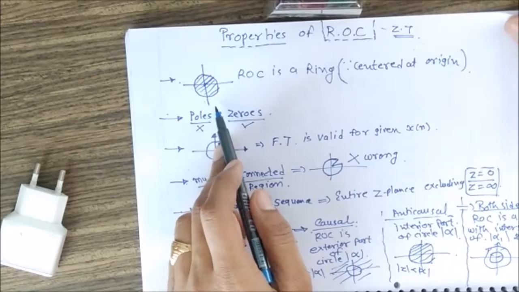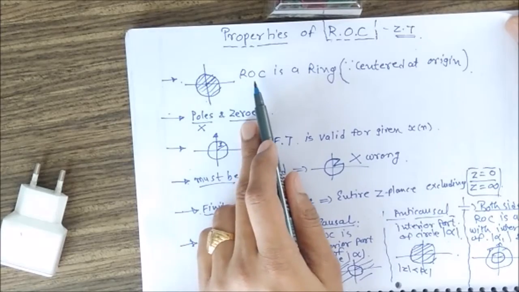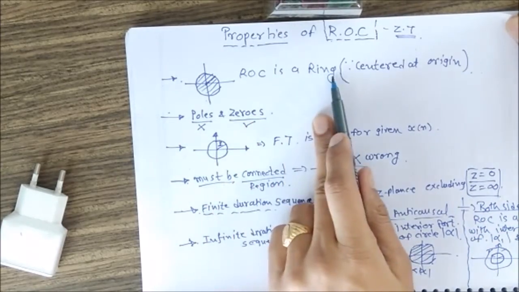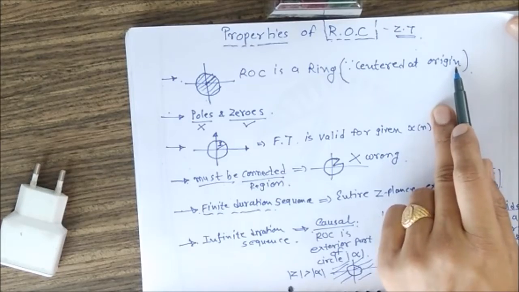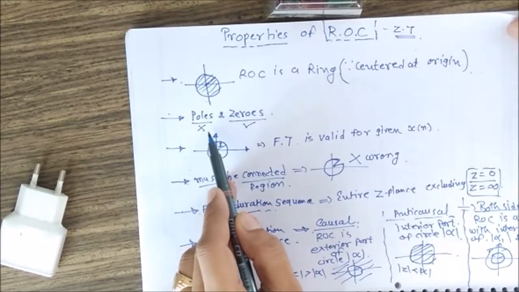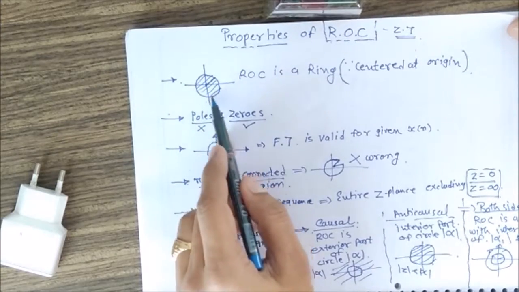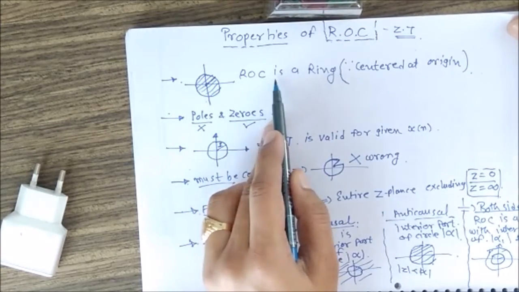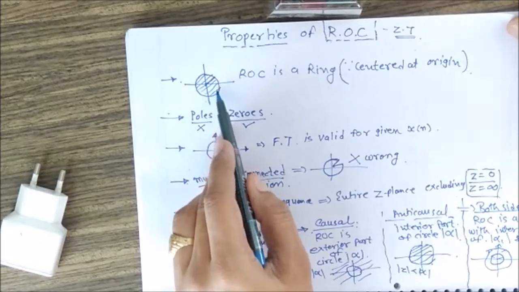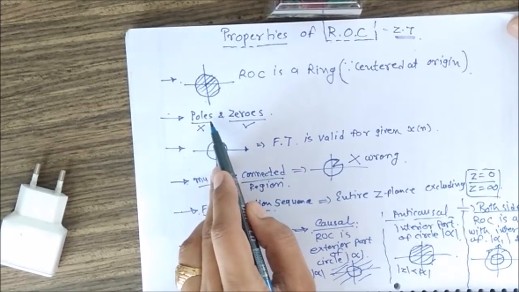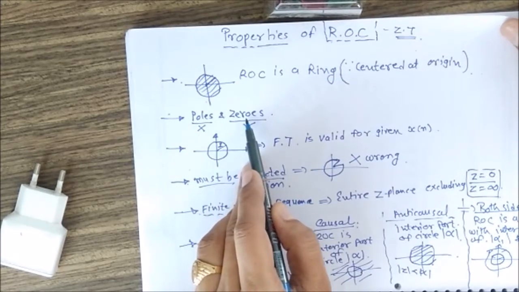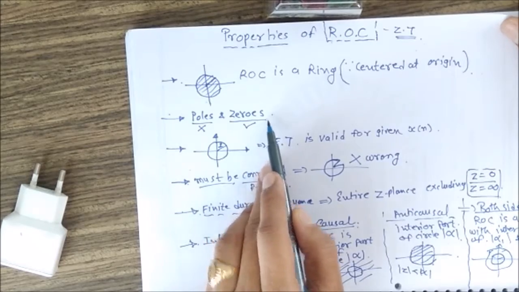So revise it. The very first thing we need to remember is ROC is a ring which is centered at origin. ROC never contains any pole, means if this region is the region of convergence for X(z), then this region will never have any poles, but it should have zeros.